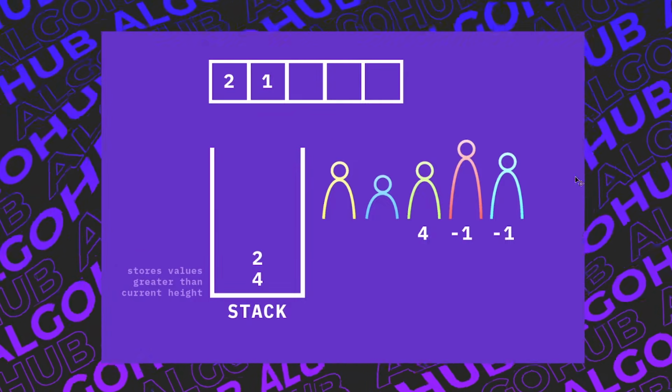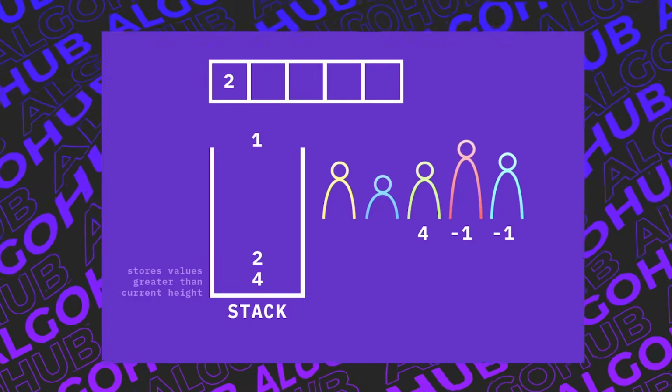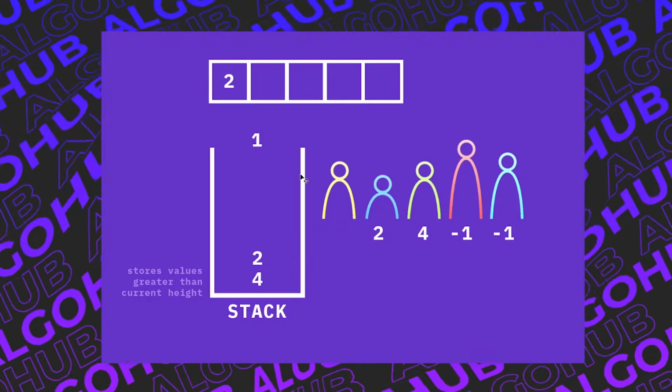Because then when we deal with the next person, which is of height 1, we can see that the person at the top of the stack is the first person that's greater than this, right? That's why we're keeping these elements in here in a monotonically decreasing order. So let's put this element into here, and we see that the top element is a 2, so that's our answer for 2.